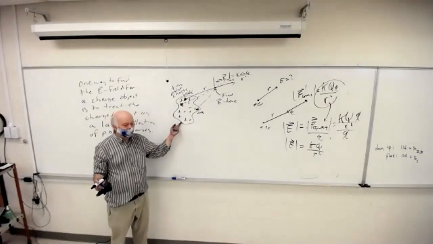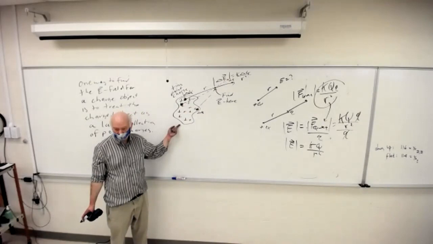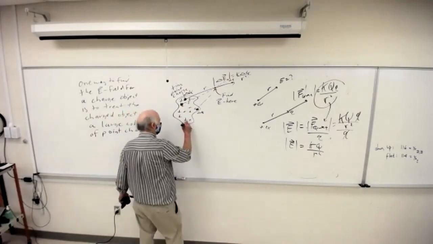But it tells you something. How easy do you think this is to do? This is pathological. Even if you have a lot of calculus, this is still pathological. So this is very hard to do.